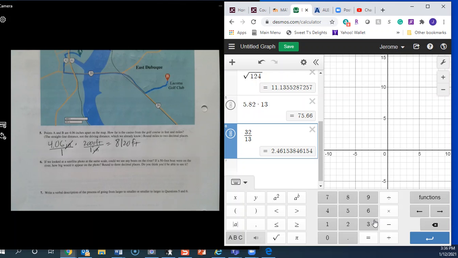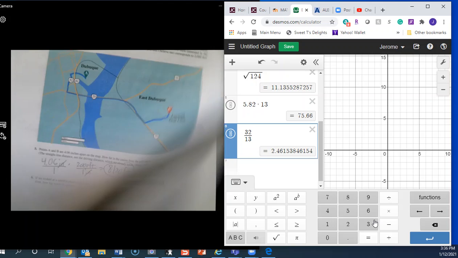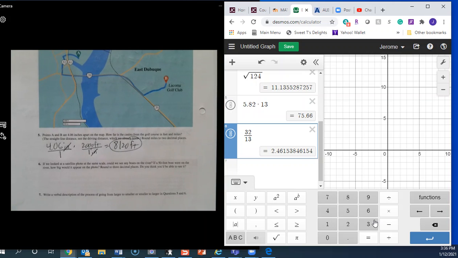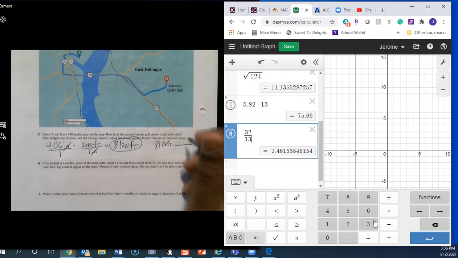Okay, now that is the value for feet. This is one of your answers. Now we want to change the feet to miles. So if we go back here to page 64, we have conversion charts here. Now this conversion chart tells you that 5,280 feet is equal to 1 mile. So that is the scale. So now we're going to take this 8,120 feet and multiply it by 1 mile over 5,280 feet.